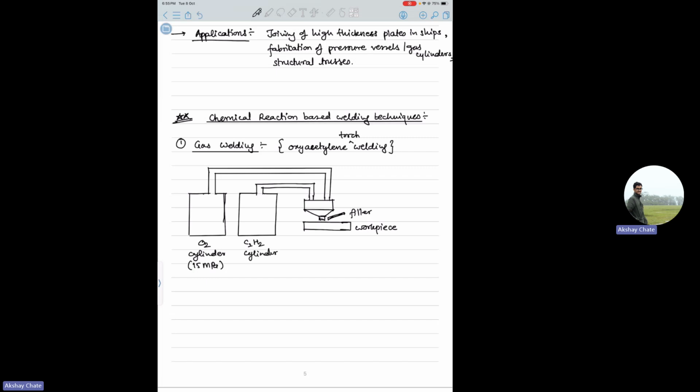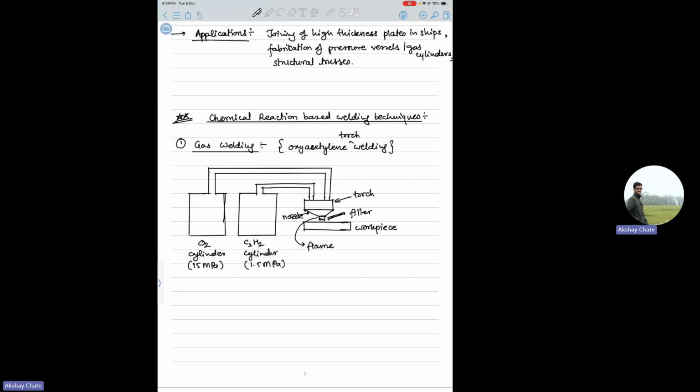Usually it is at lower pressures, because acetylene is a highly flammable gas, and if you keep the cylinder at very high pressures, there can be a chance of explosions. So this is basically how this whole technique looks.